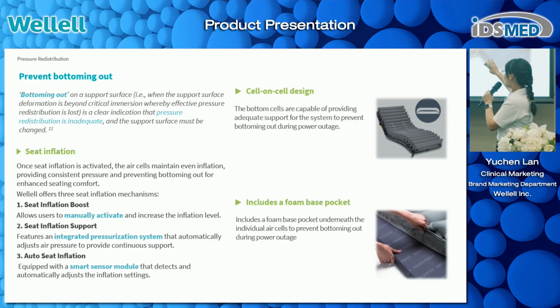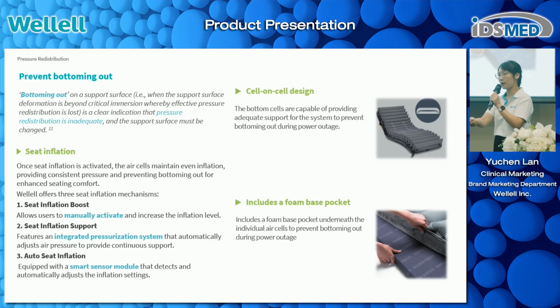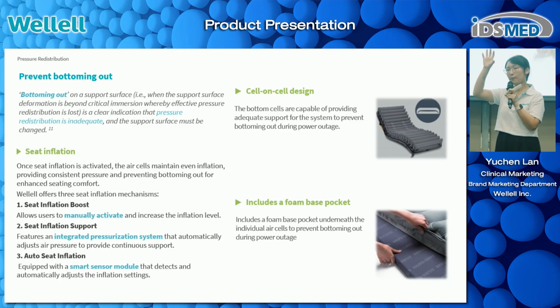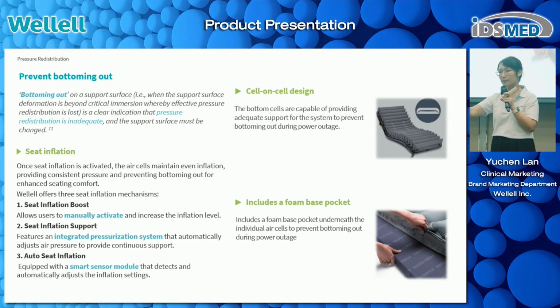The simplest one, of course, is that we can add a foam-based pocket. It's like the overlay mattress, or we have the cell-on-cell design for our replacement. So the upper layers could do alternating, but the lower layers will keep some pressure to prevent bottoming out when the patient is lying on the mattress.